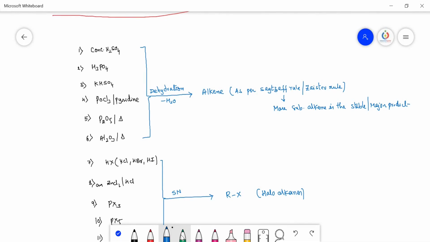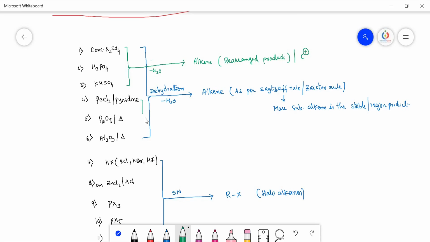Now here I have to give one more important thing: whenever you use the first reagents with alcohols, no doubt they give dehydration. So dehydration is common, loss of a water molecule. Alkene is the product, no doubt, again Saytzeff rule, but it is a rearranged product. You might have understood that, when I use the word rearranged product, the intermediate is a carbocation.